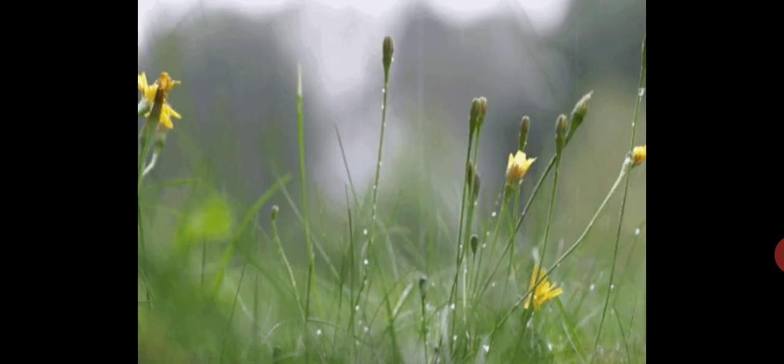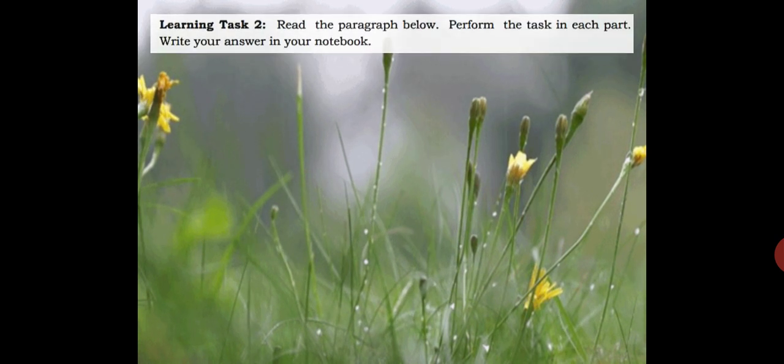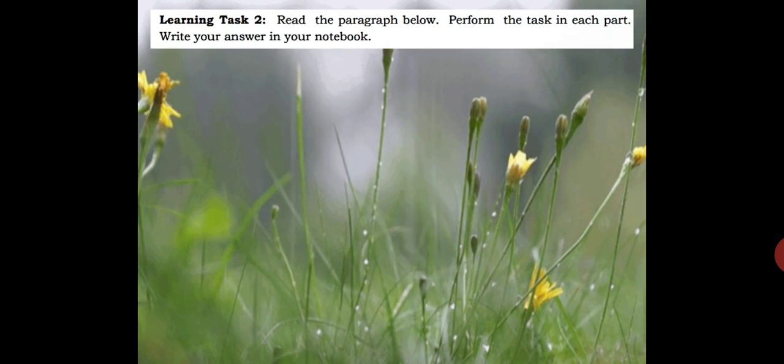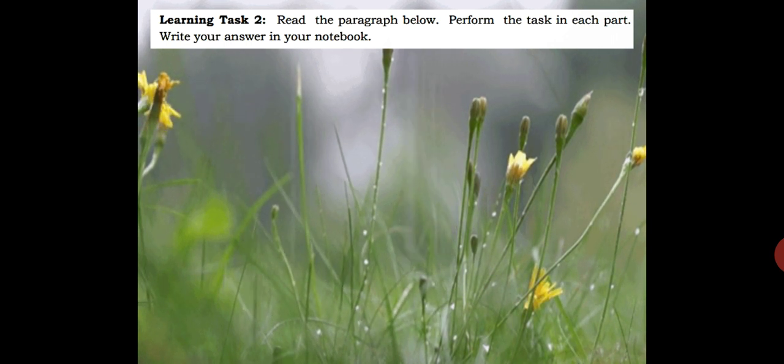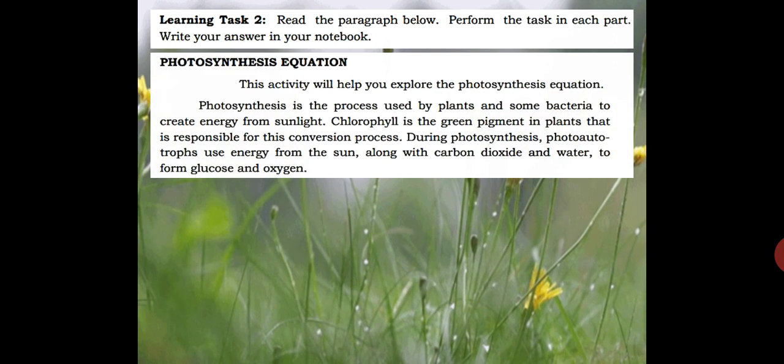Okay, so let us proceed with our learning task number 2. You're going to read the paragraph below and perform the task in each part. Write your answer in your answer sheet or notebook. So, in this learning task number 2, you will read the paragraph here.